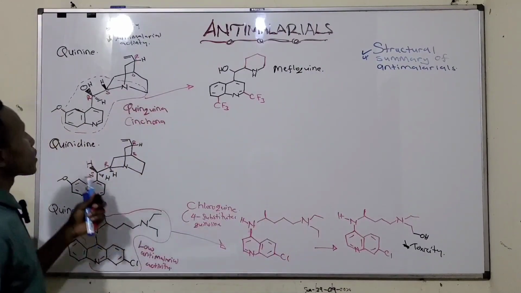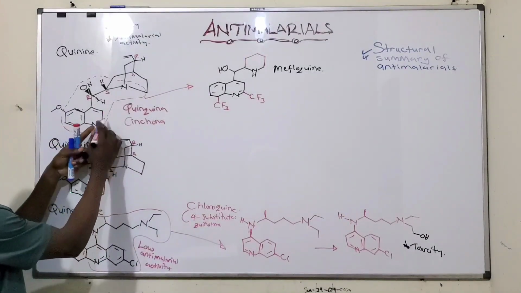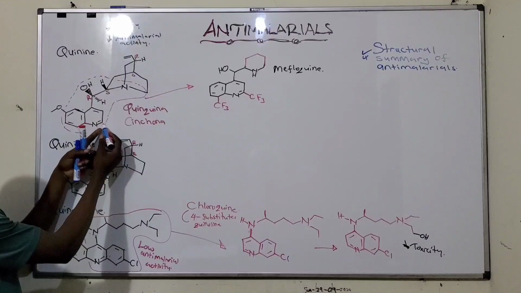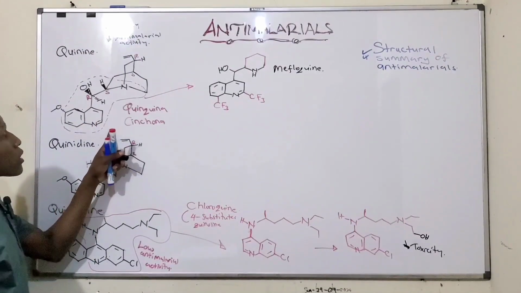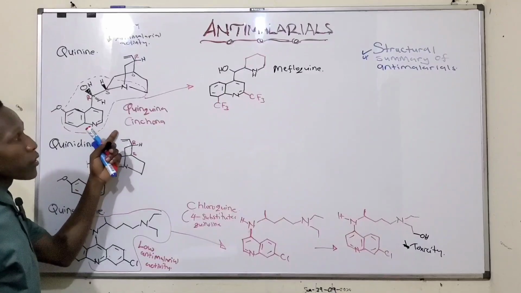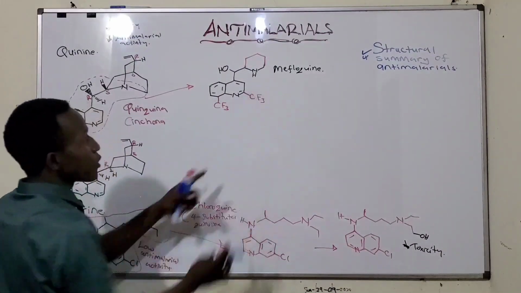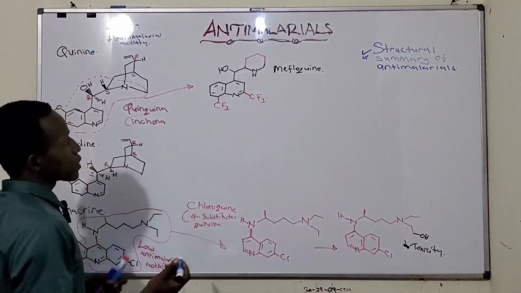We are going to see the metabolism of quinine. Here there is hydroxylation in the metabolism, and that reduces the potency, the concentration of the drug in the body. So substitution of this group stabilizes the drug and reduces the metabolism. We are going to see.